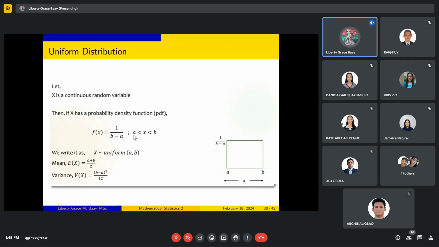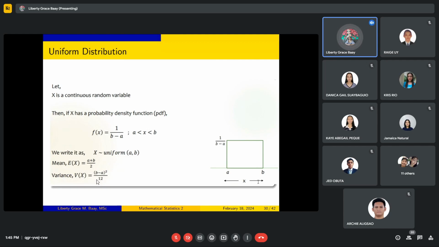We write that x is uniformly distributed with parameters a and b. The mean of the uniform distribution is a plus b divided by 2, and the variance is b minus a squared divided by 12.